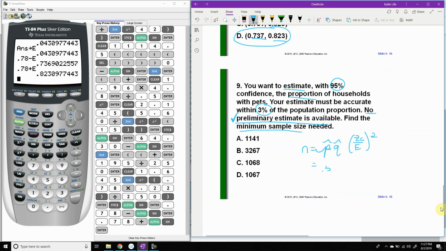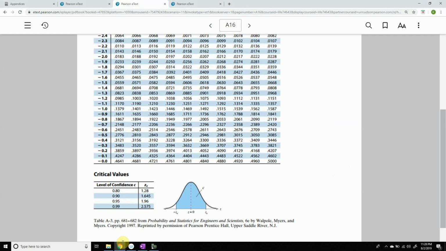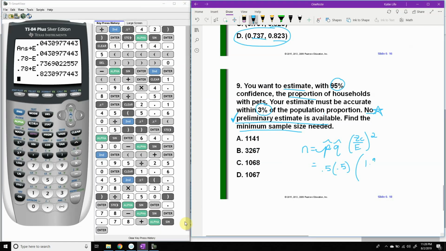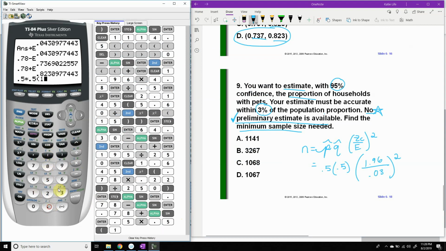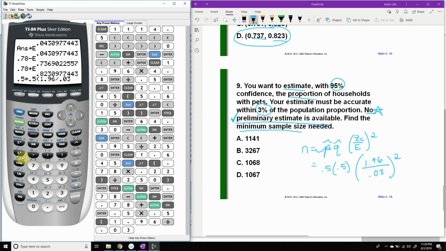P hat is 0.5. Q hat is 0.5, and again, that's because there are no preliminary estimations available. Our Z sub C value for 95% is 1.96. I want to stay within 3%, so I'm going to divide this by 0.03, and then we're going to square that whole ratio. 0.5 times 0.5 times 1.96 divided by 0.03, and that ratio is squared.